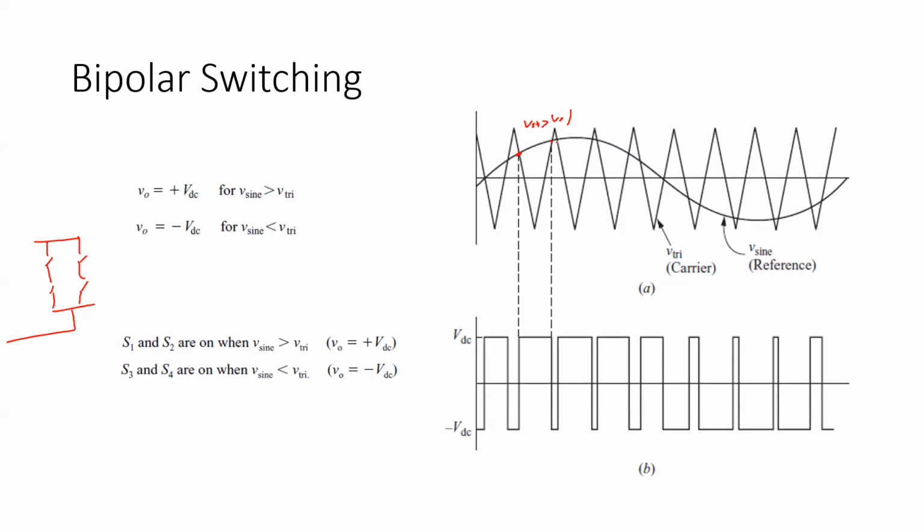But when you consider these two small sections, your reference is higher than V sine, so we turn on minus VDC. You configure your inverter to give minus VDC in cases like this. So that's how you achieve the switching characteristics.